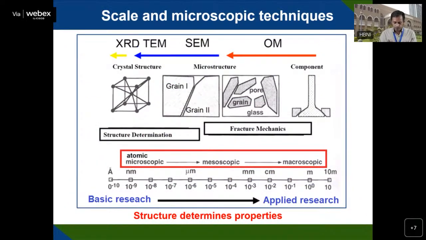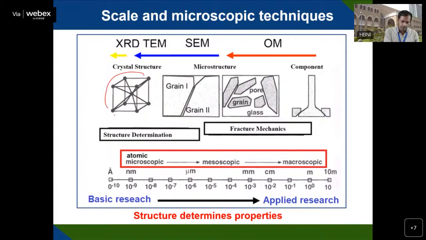You can see the size and shape of the particles using microscopic techniques. Mostly, microscopic techniques determine the structure of matter, its shape and size. XRD gives the crystal structure, where the d value is quite low.